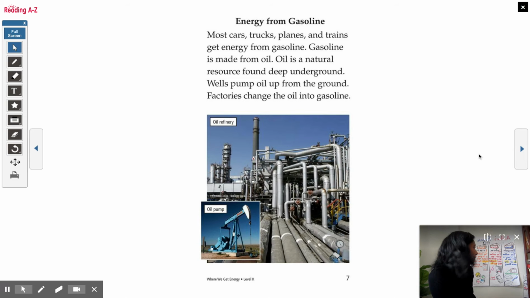It seems to me that we keep hearing facts about energy. We're learning about where energy comes from, how certain people or things get energy. We're learning about different kinds of energy. I'm seeing text features, like a bunch of captions. I'm seeing headings a lot. I really believe that this is an informational text, so the author's purpose must be to inform us. Let's keep going.